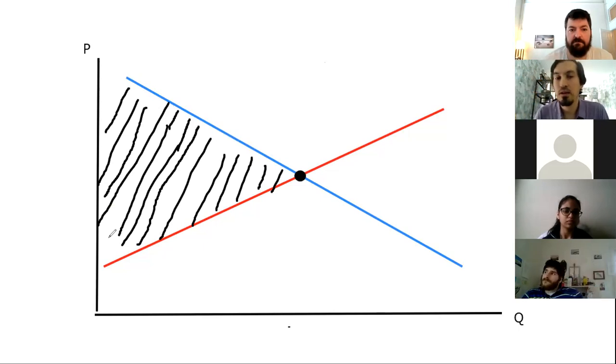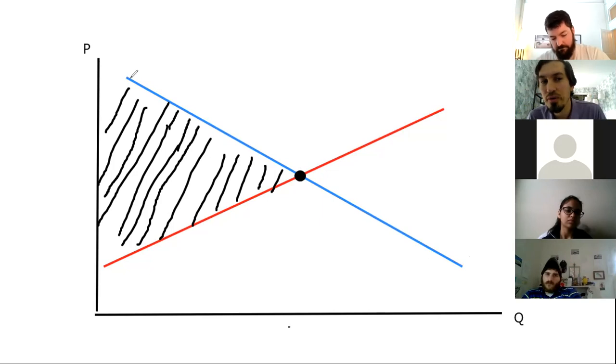What do I mean by that? Well, the demand curve, yes, there's this one black point in the middle here, but all these other points above the equilibrium represent how badly people wanted this thing. Let's say this is the market for iPhones, and the blue line represents the demand for iPhones. The fact that it goes all the way up here means that there's people out there who really, really wanted an iPhone.